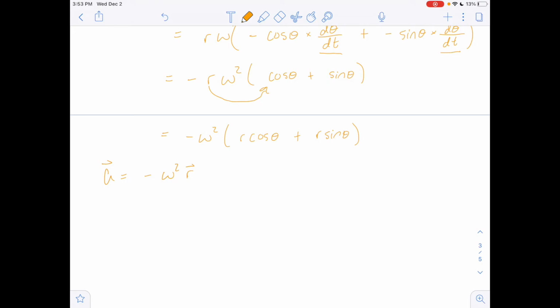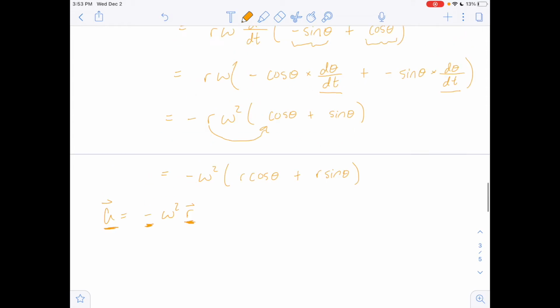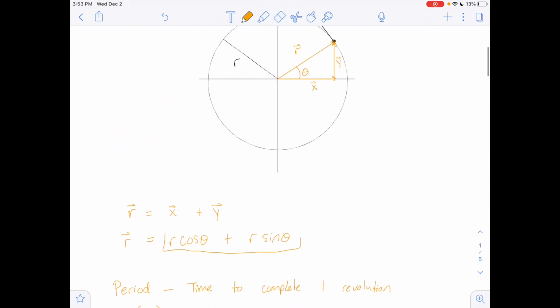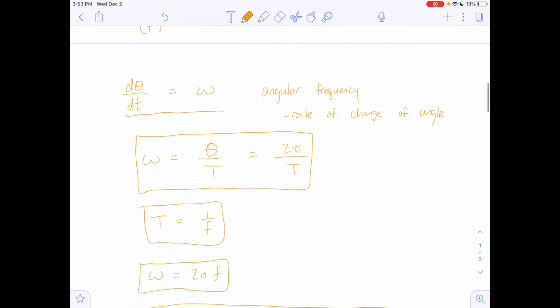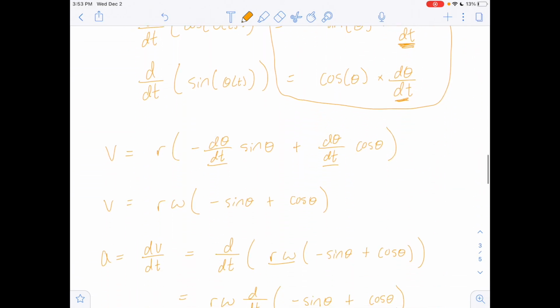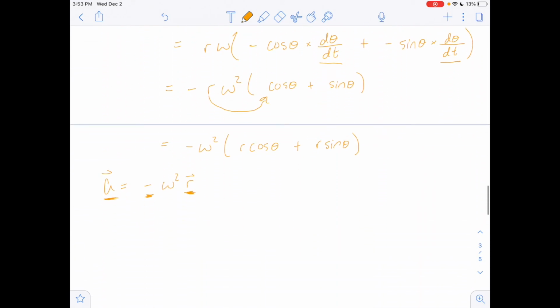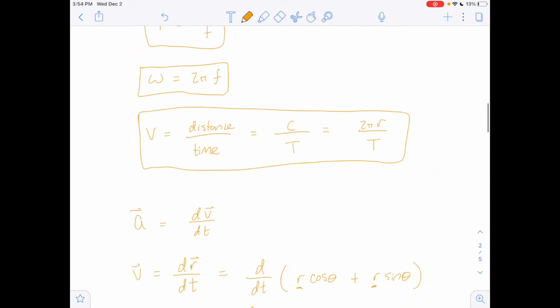So let me explain what this means here. What this says is that acceleration is proportional to r, but the negative of it, right? The negative of r. And if we look at r, that's the position. The position is pointing outward. And since we're getting a negative here, that means the direction is flipped.